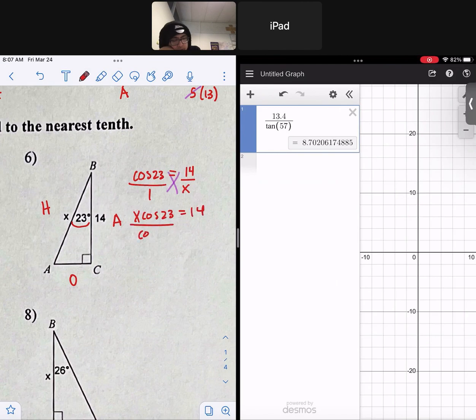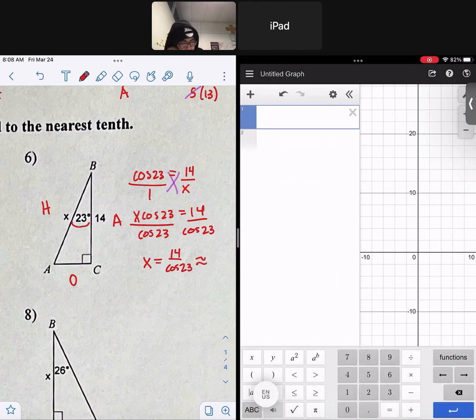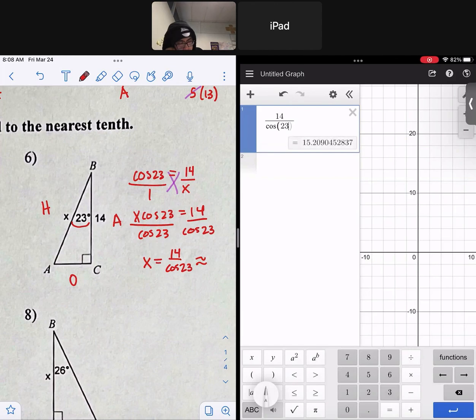We need to isolate the x, so divide both sides by cosine 23. X equals 14 over cosine 23, which is roughly 14 divided by cosine 23. Round it to the nearest tenth, and that's going to be 15.2.